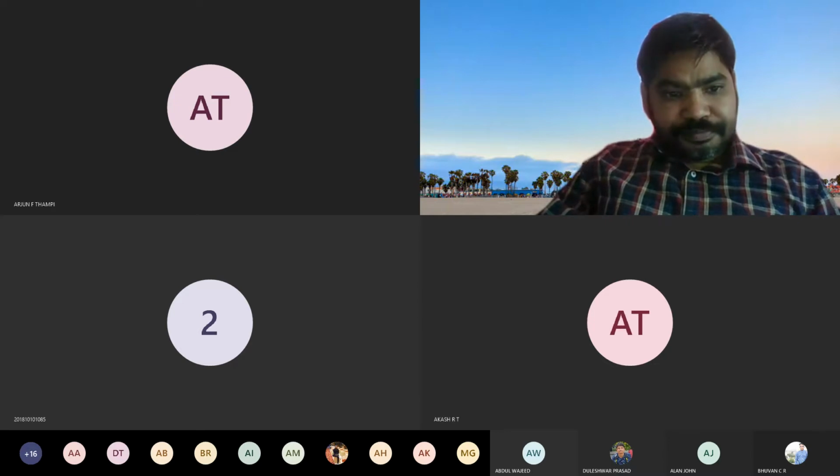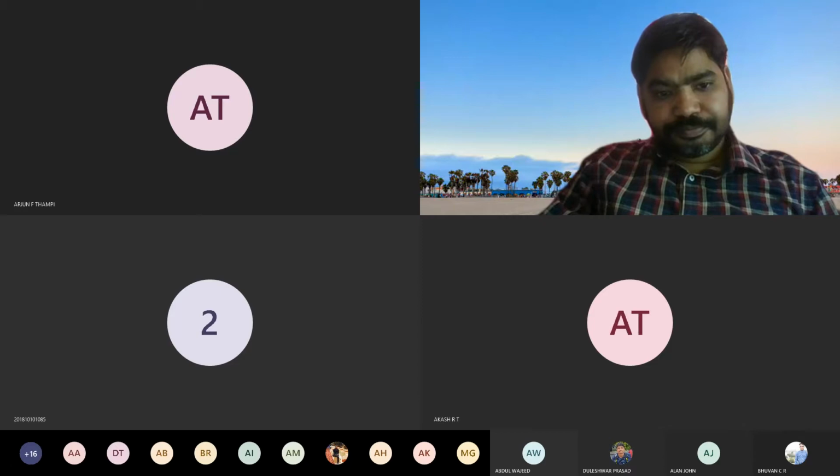So let me explain this. Okay, so again we take this binary isomorphous diagram. In the test, only the binary isomorphous diagram will be in the syllabus.